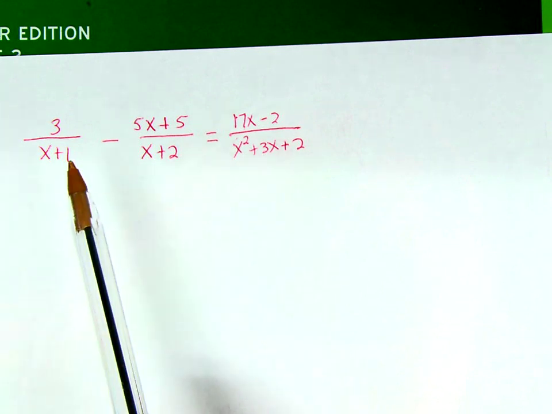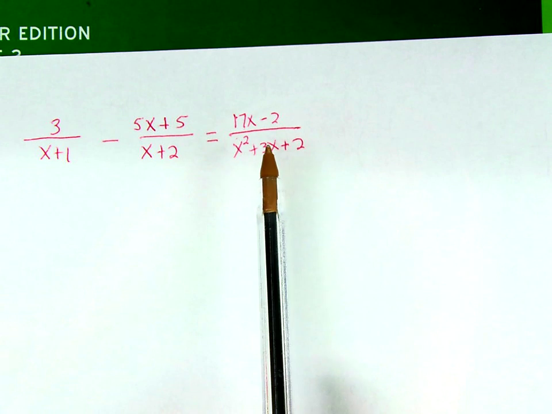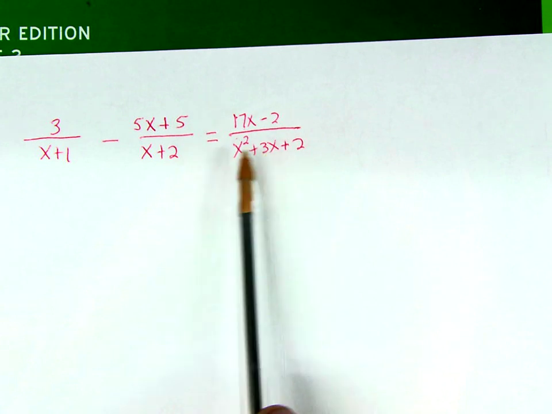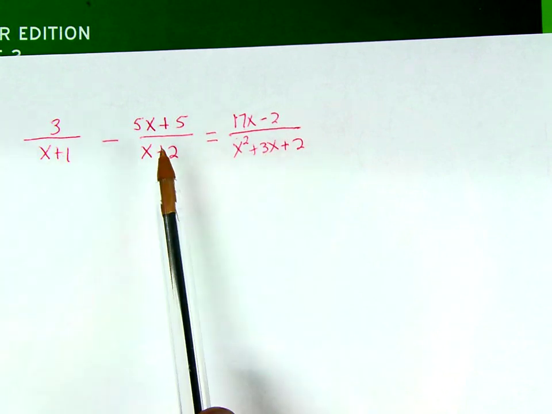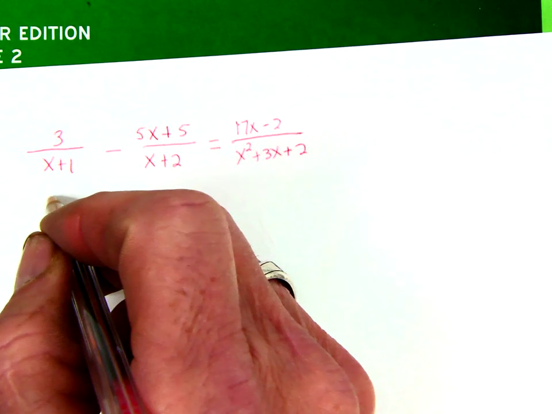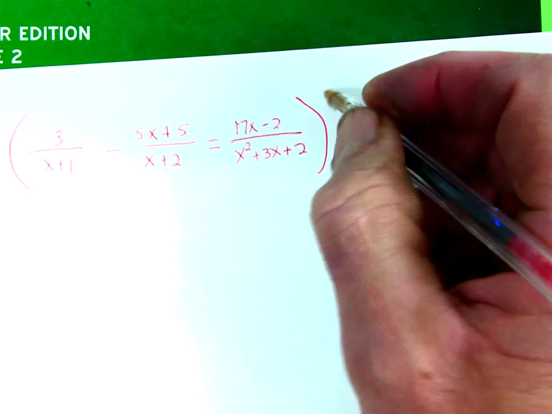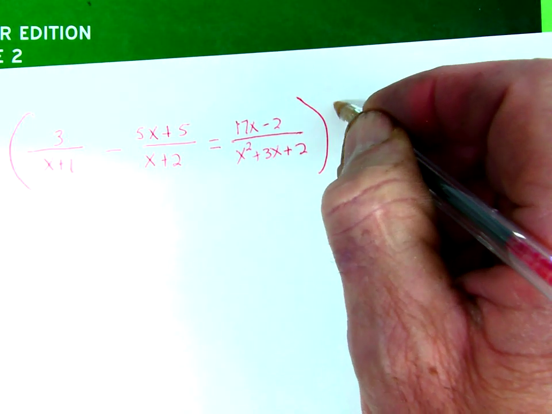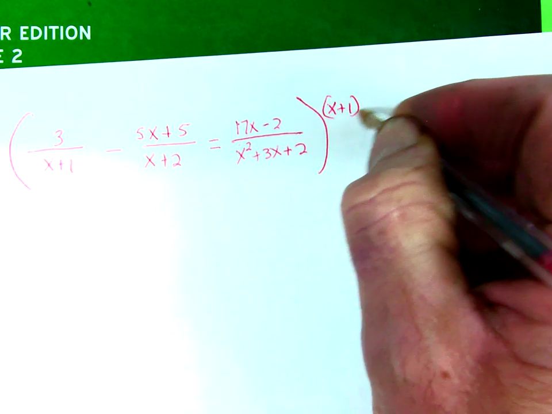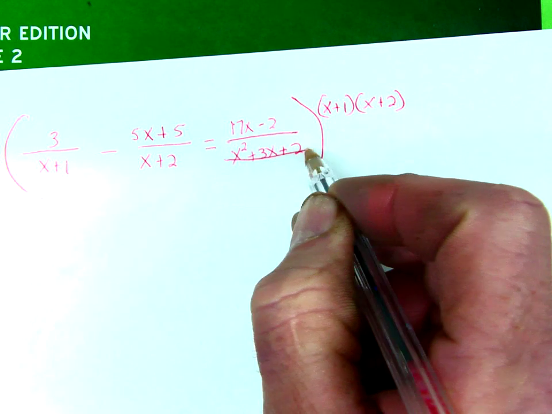Well, 1 plus 2 is 3. So this must come from x plus 1 times x plus 2. All right, so we're going to multiply this whole thing by x plus 1 times x plus 2, which is what this is right here.